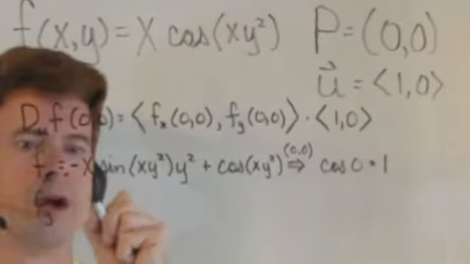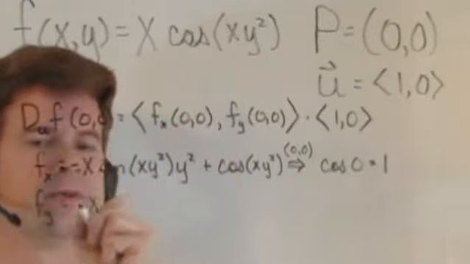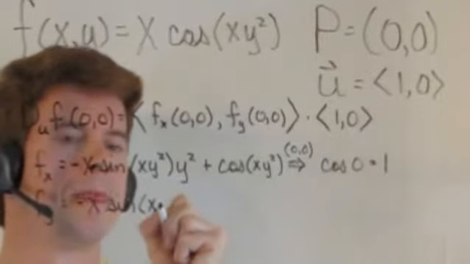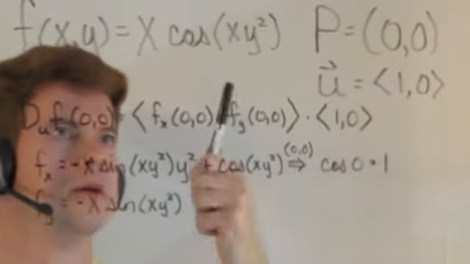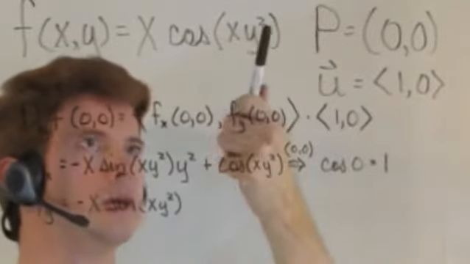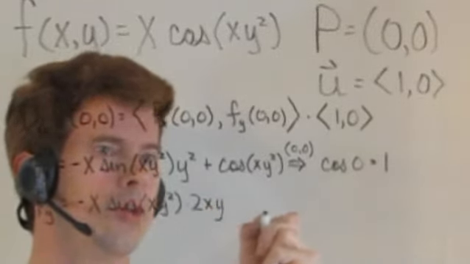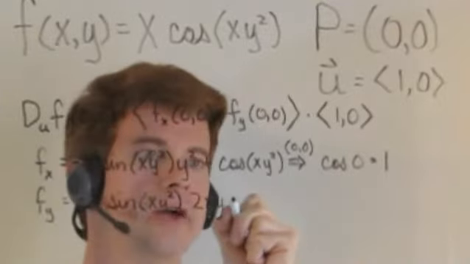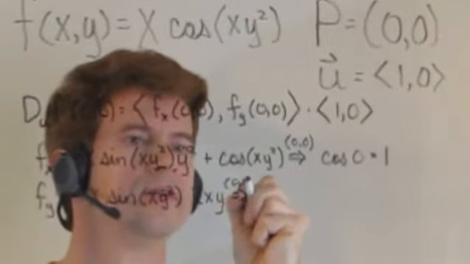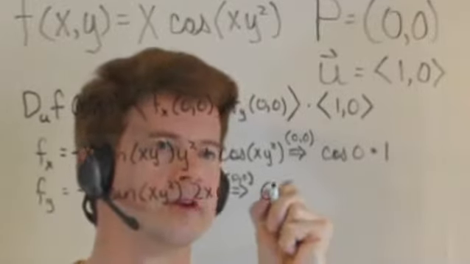So x comes along for the ride, but now we have the derivative of cosine, which is negative sine of x y squared, times the derivative of that, which is, we bring the 2 out front, 2xy. Okay, let's go ahead and evaluate that at the point (0, 0). We've got enough zeros in there that this is simply going to be 0.